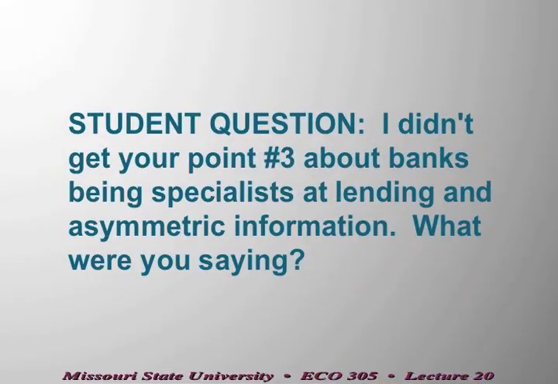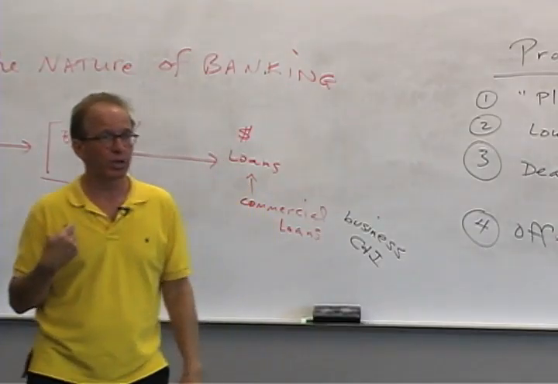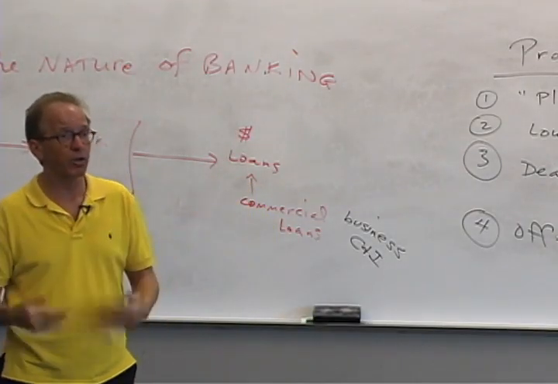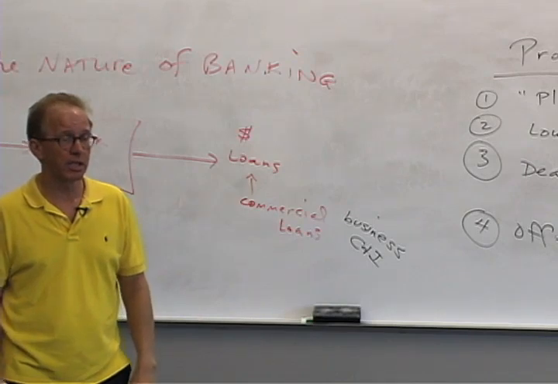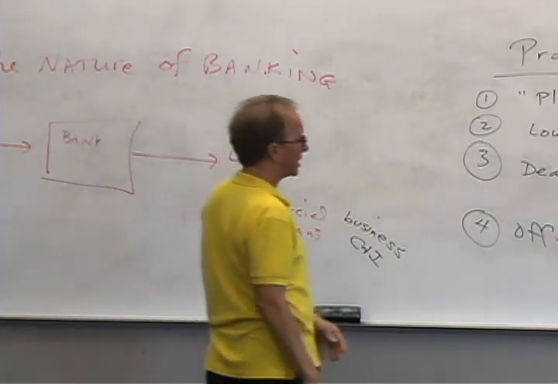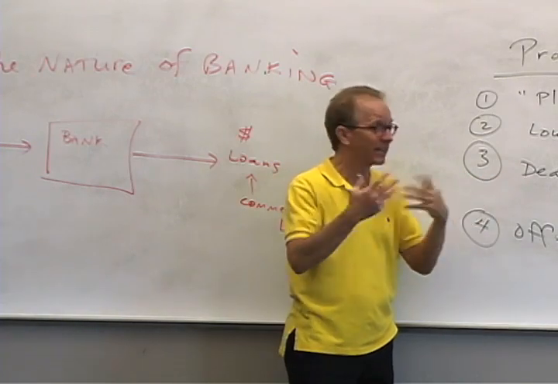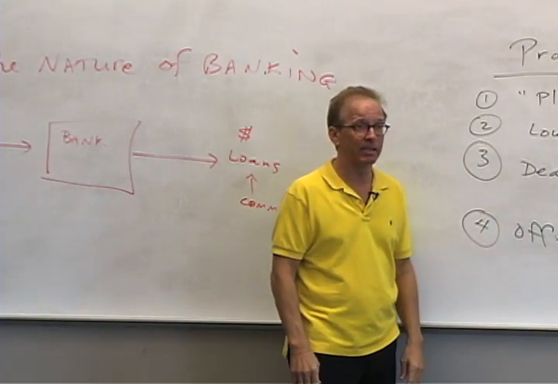Yes, sir? That first question on my quiz today, it was talking about asymmetric information. How does it relate with number 3? What I'm saying is this: if there are no banks, and each one of us as savers is trying to lend money and earn some interest, then in that setting, borrowers will take that money from you and not pay it back.